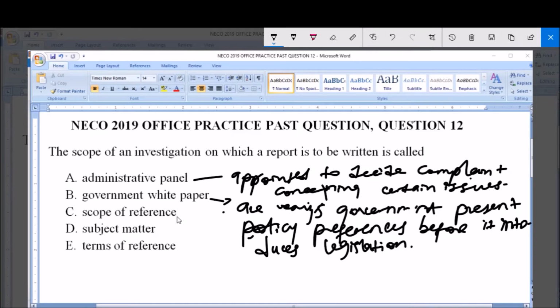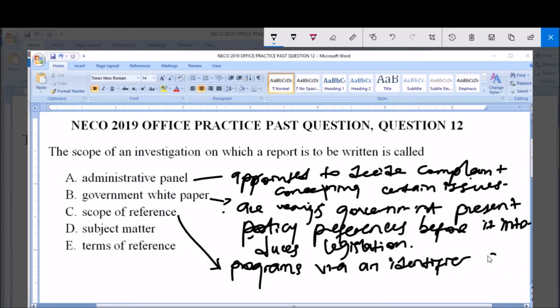Now C here says scope of reference. Scope of reference refers to the program blocks in which an identifier can be referenced. It just simply refers to the programs through which an identifier can be referenced.